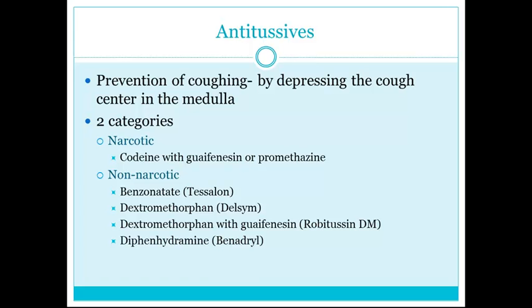Hydrocodone is not as commonly used due to its sedative effects. There are also non-narcotic options: Tessalon, Delsym, Robitussin DM, and also diphenhydramine or Benadryl. These medications are much more preferred due to their less sedative effects and a decrease in the dependence on these drugs.